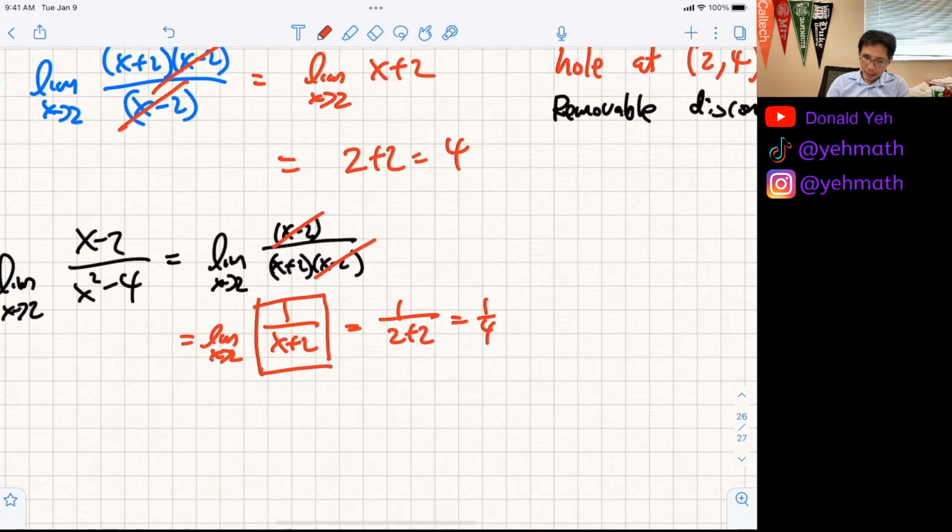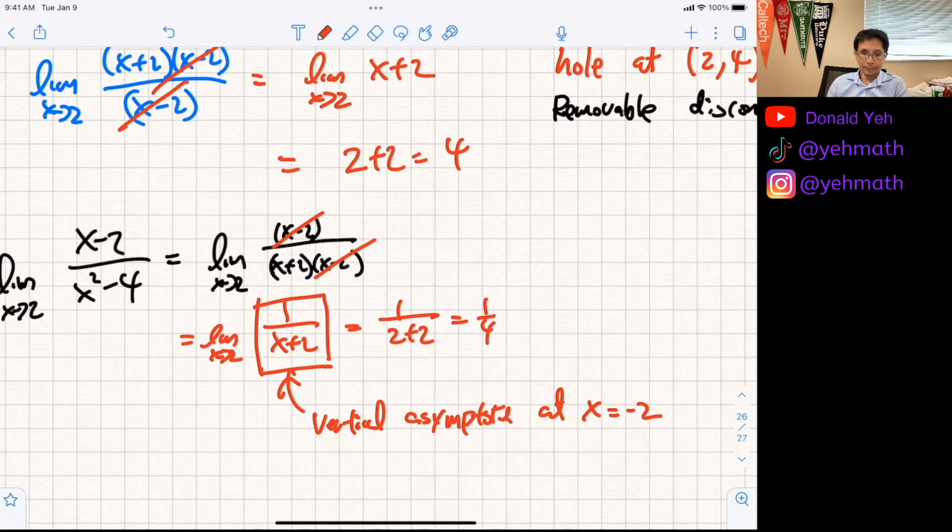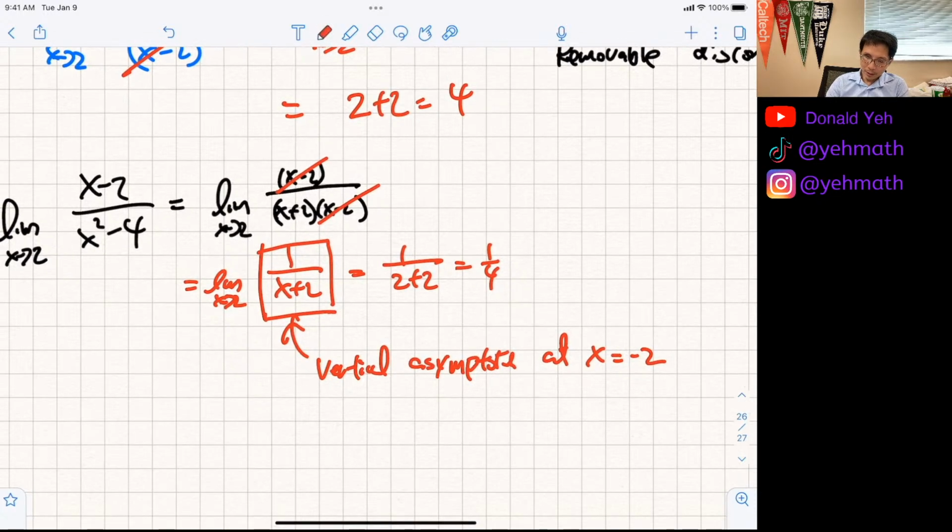So pay attention. Even at this moment, there is something called a vertical asymptote at x equal to negative 2. Why? Because if I plug in negative 2 here, negative 2 plus 2 is 0, and 1 over 0 is undefined. So how do I find a vertical asymptote? Denominator equal to 0 leads to a vertical asymptote.